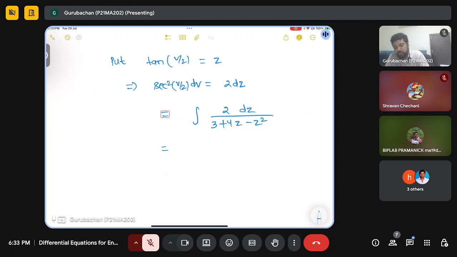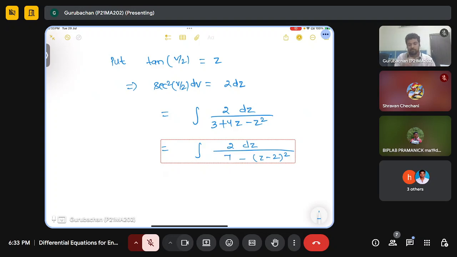So what you can do here is look at completing the whole square. So this will give you 2 times dz. So if you take minus common, this will be z minus 2 whole square. And what will it be here? 7. Correct?